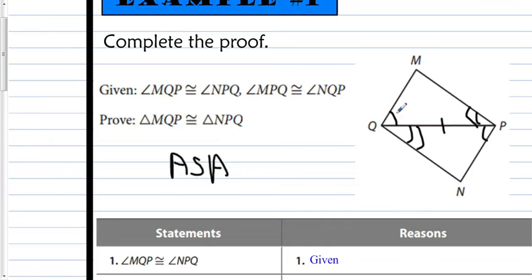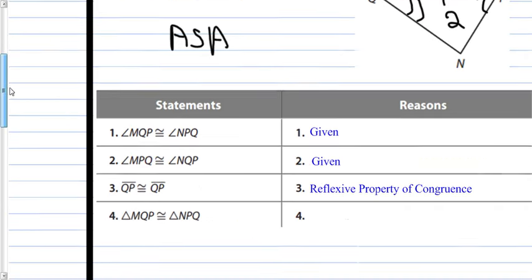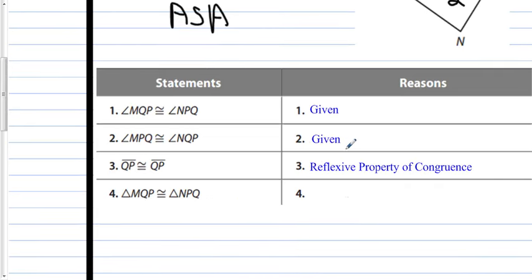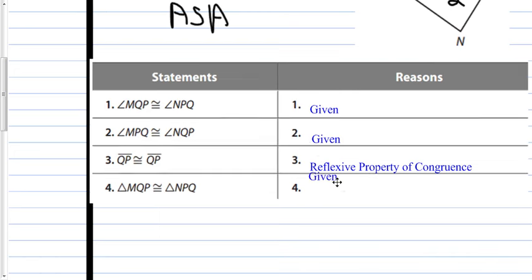So since two angles and the included side of triangle 1 are congruent to two angles and the included side of triangle 2, the whole triangles are congruent. That's all it takes. If we have the two angles on the side, the two triangles are congruent to each other. And hopefully you have figured out with my writing that that is due to the ASA postulate. And ASA stands for angle, side, angle.